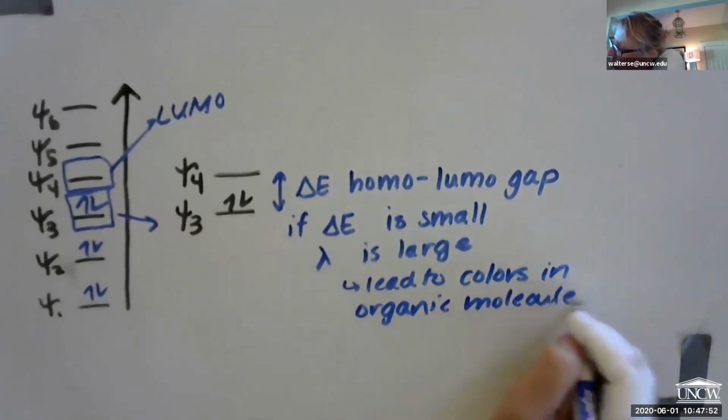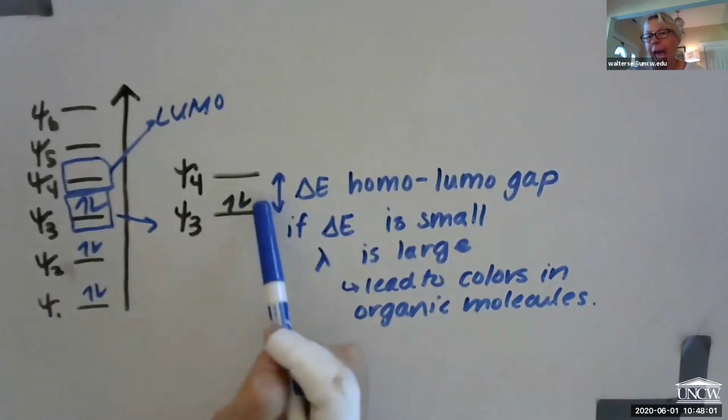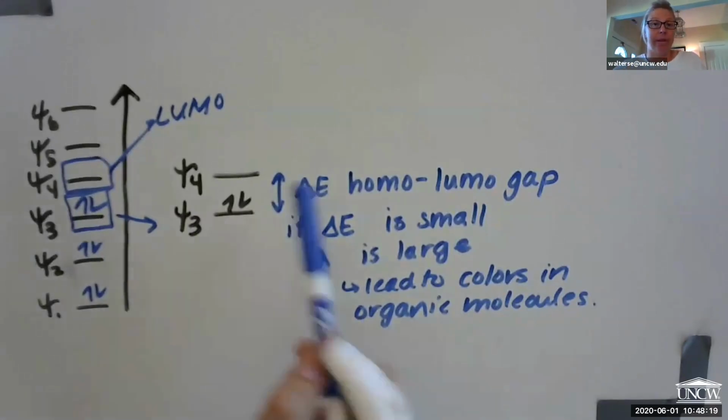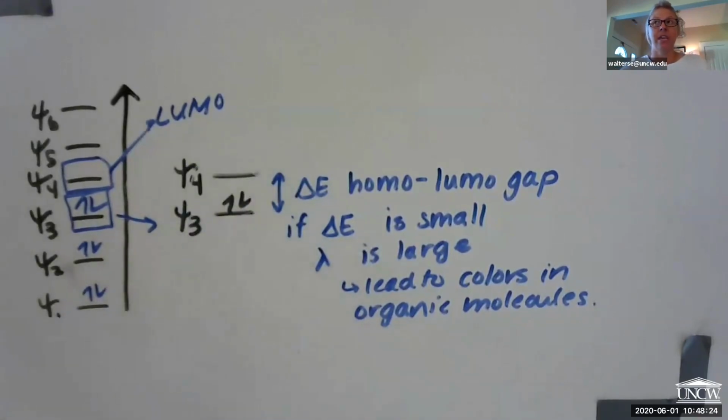So if you have a tomato, it has lycopene in it. And lycopene has a HOMO-LUMO gap that absorbs the wavelengths complementary to red. You'd need a color wheel, I can't exactly remember, but it'll absorb some wavelengths and transmit other wavelengths. And that's why tomatoes are red, because of the HOMO-LUMO gap.